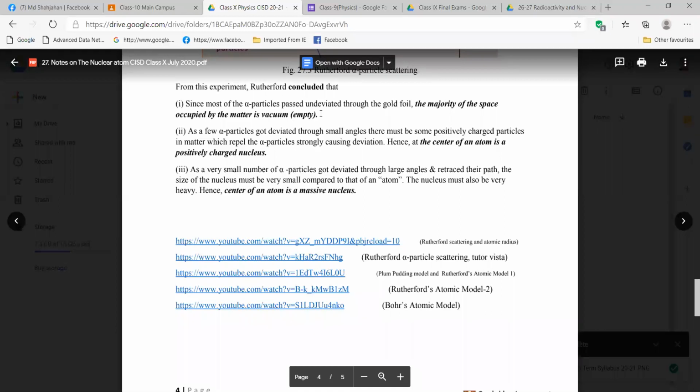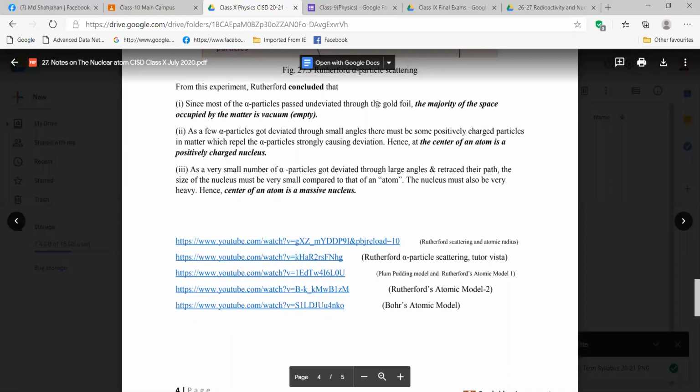They are very small in comparison to the size of the atom, and their mass is also very small. Then the second finding is, so this one you understand, right? The first observation was most of the alpha particles passed undeviated through the gold foil.